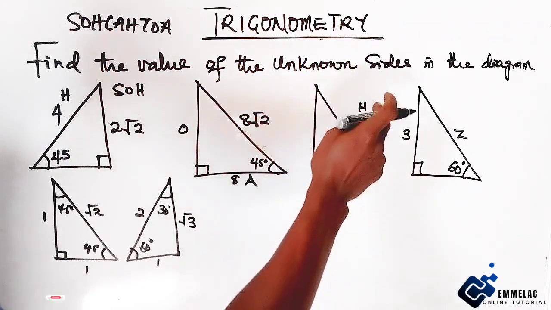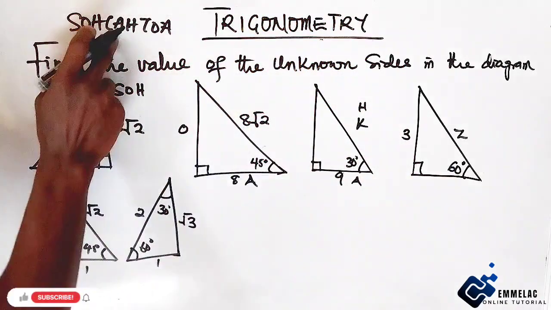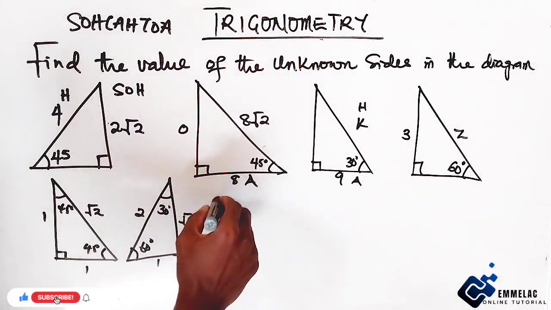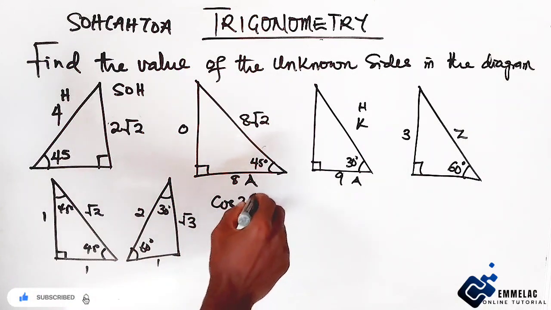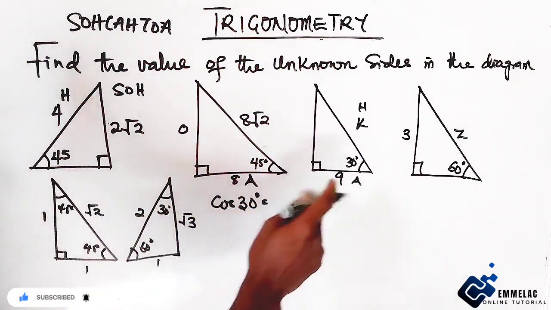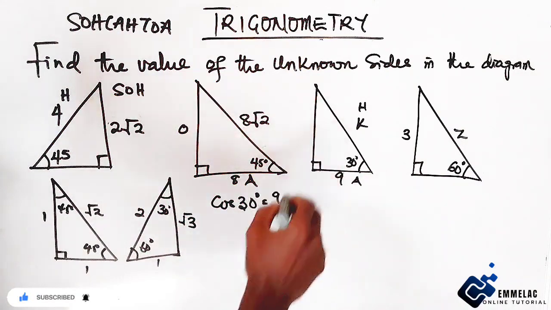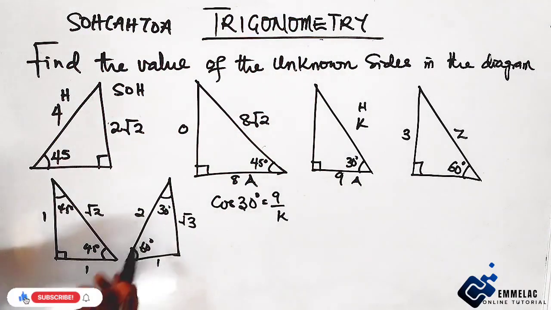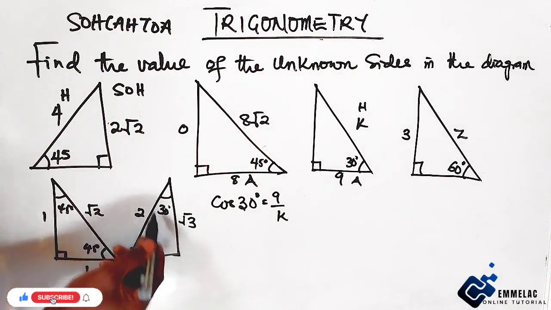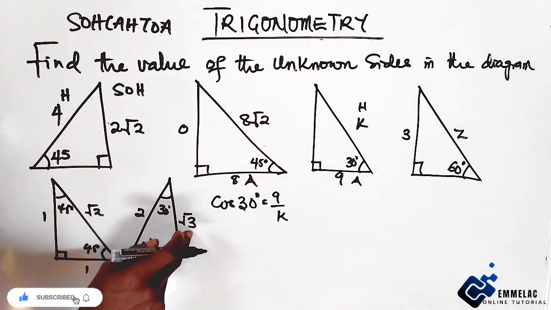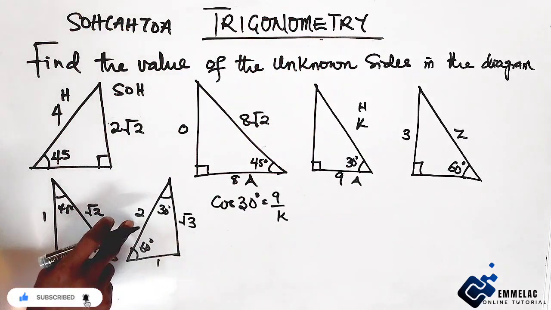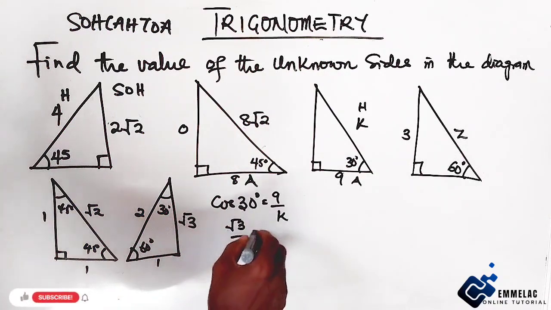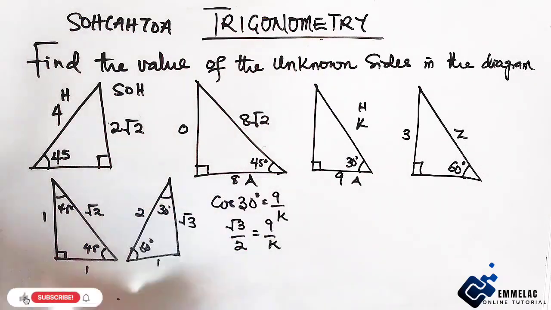The relationship between these two sides and this angle gives us cosine. So cos 30 equals adjacent, which is 9 over k. Now cos 30 is adjacent over hypotenuse, which gives us root 3 over 2 equals 9 over k.